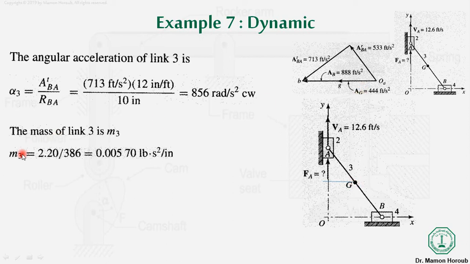When we multiply m by a, it gives us the inertial force. Over here you need to remember one thing, that the inertial moment about the center of gravity is equal to Ig3 multiplied by alpha 3.